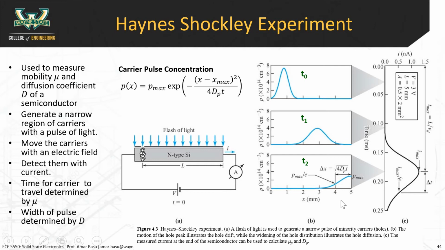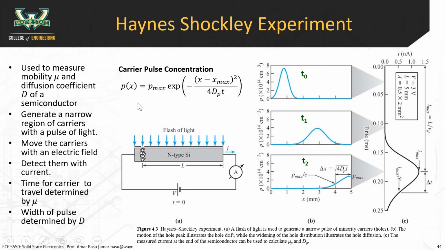All right, so what you measure is that you get this current pulse on the outside, and you look at how wide that current pulse is, and then you can use this equation to figure out what dp is, what your diffusion coefficient is.